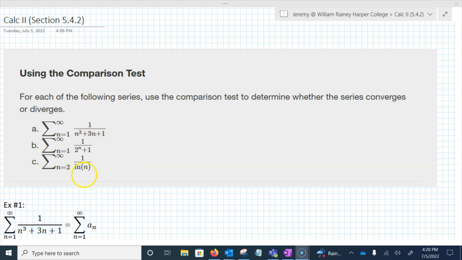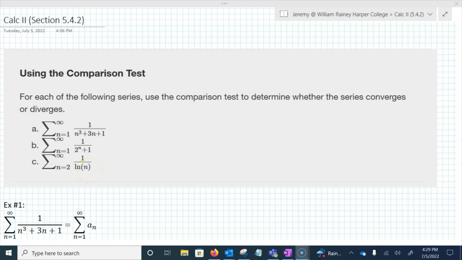So here, we could pick the harmonic series whose terms are 1 over n, and since n is in fact bigger than natural log n, 1 over n will be smaller than these terms of 1 over natural log n. But we know that 1 over n as terms in the series will diverge. And so since these are larger than 1 over n in their respective series, it also diverges.